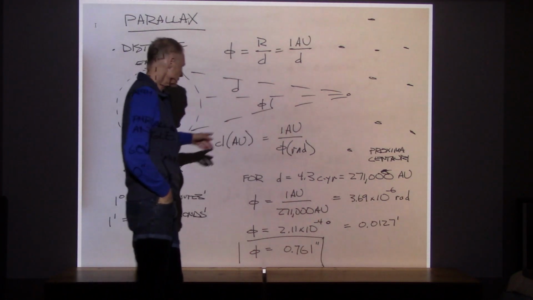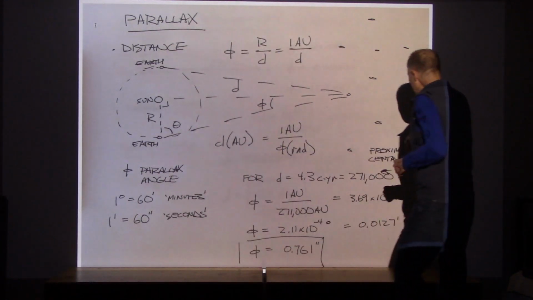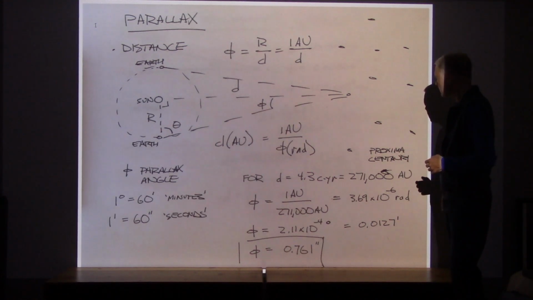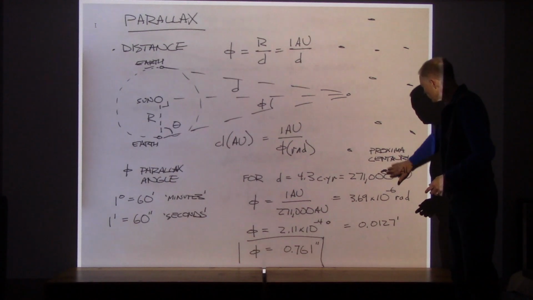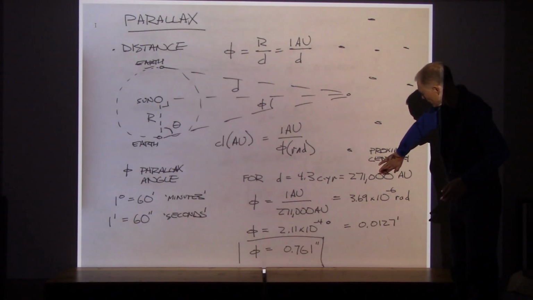So let's try this. Let's say we're looking at the closest star, Proxima Centauri, 4.3 light years away. That was 270,000 AU.